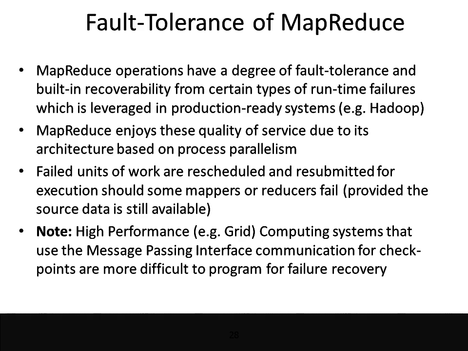Now, it should be apparent that the MapReduce paradigm gives us some level of fault tolerance. This comes from the independence of each of these map operations, which means that if a map operation fails, I simply need to retry it. So if something happens in one of my nodes and I don't get a response, I can simply reissue that unit of work.